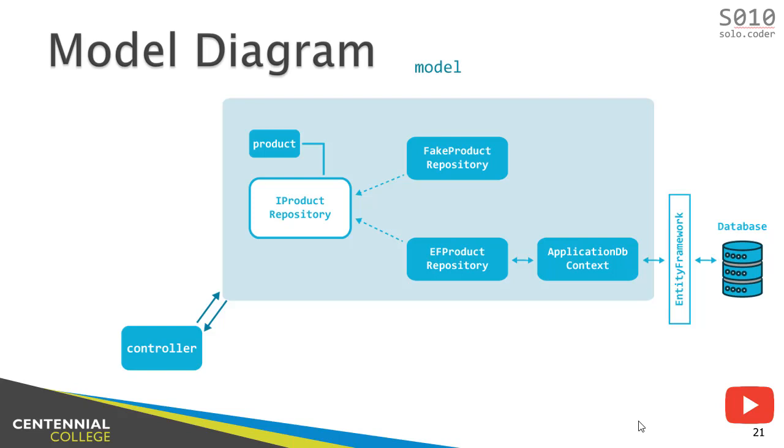The rest of the application is the same. We don't change anything. We just change in one place that instead of using EF product repository, we're going to use another repository. This is how we can make our application very loosely tied.